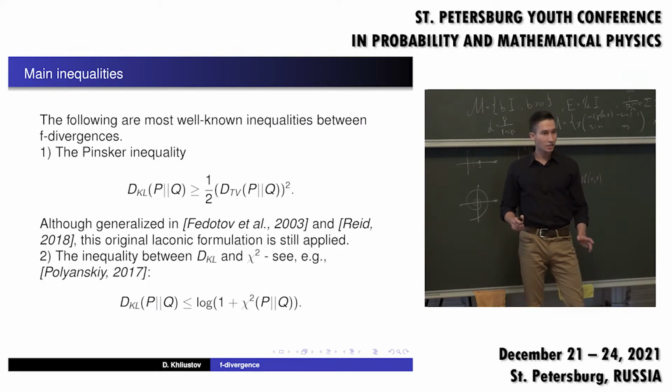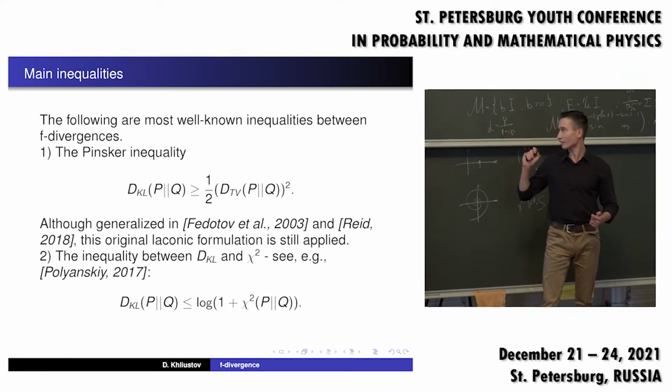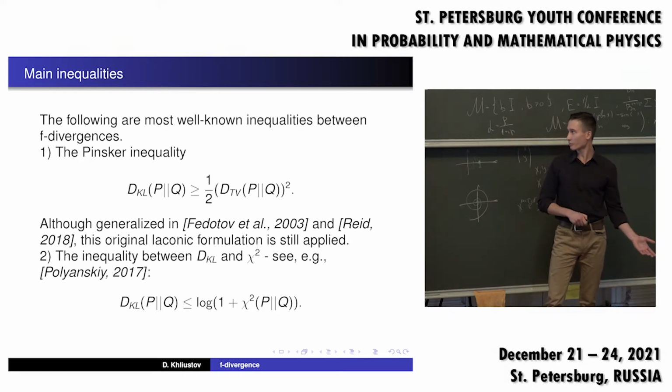It is of great interest to compare different divergences because they are used in different fields, and so if we compare them, we can bridge the gap between two fields and bring together useful insights. The first and the most well-known one is the Pinsker inequality. It governs the relationship between Kullback-Leibler divergence and the total variation distance.